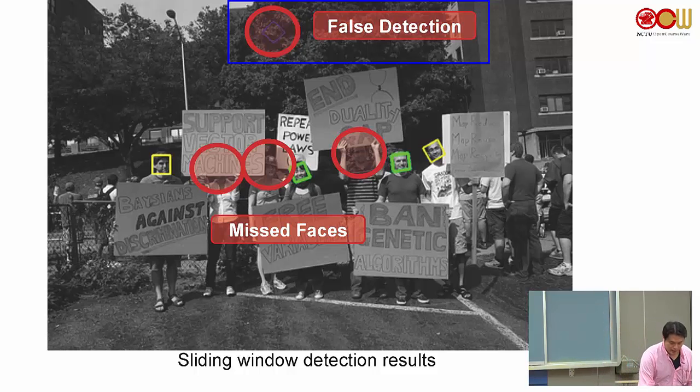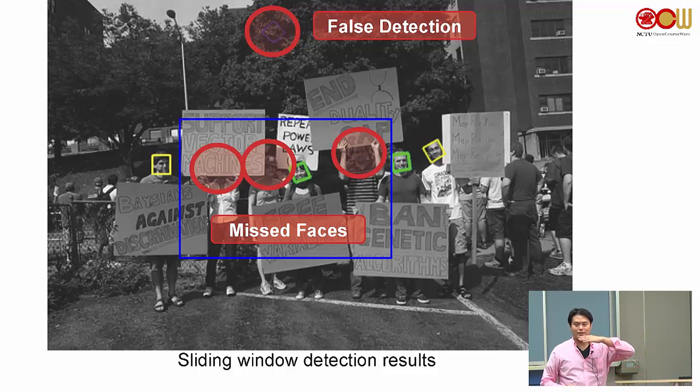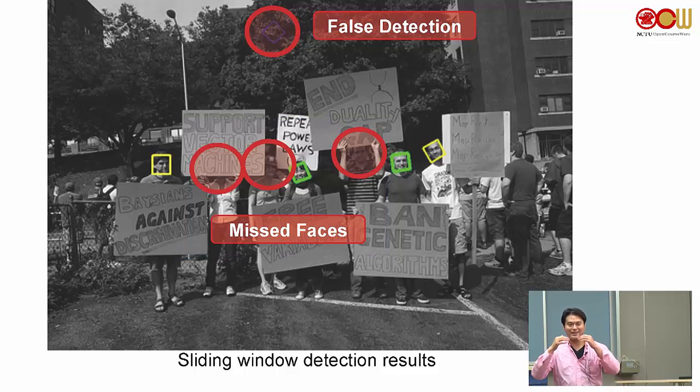Okay, and also some undesirable case is that maybe some people, when they try to protest, they want to hide their face, so they have a strategy to maybe just show half of the face, or maybe show the bottom side of the face. Okay, so we have two undesired cases, missed or false detection.